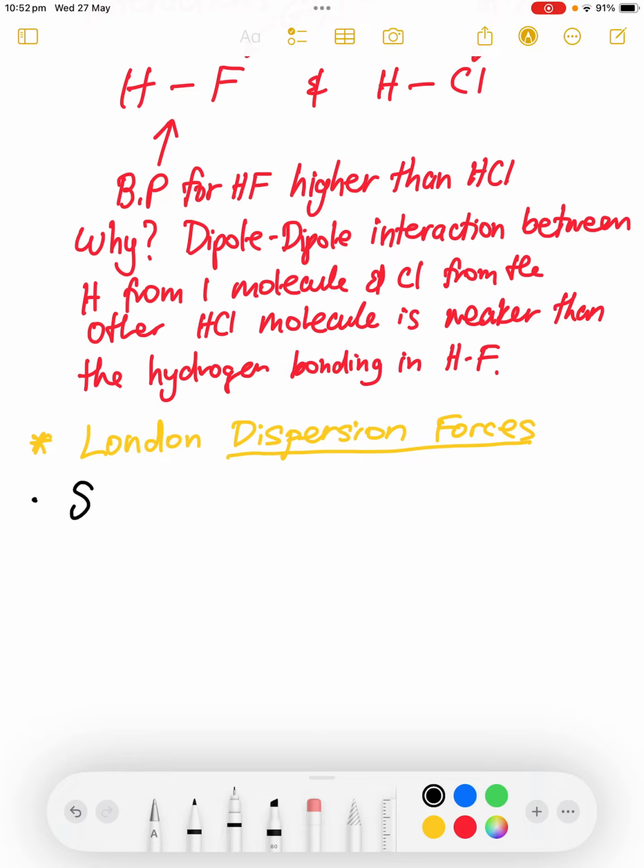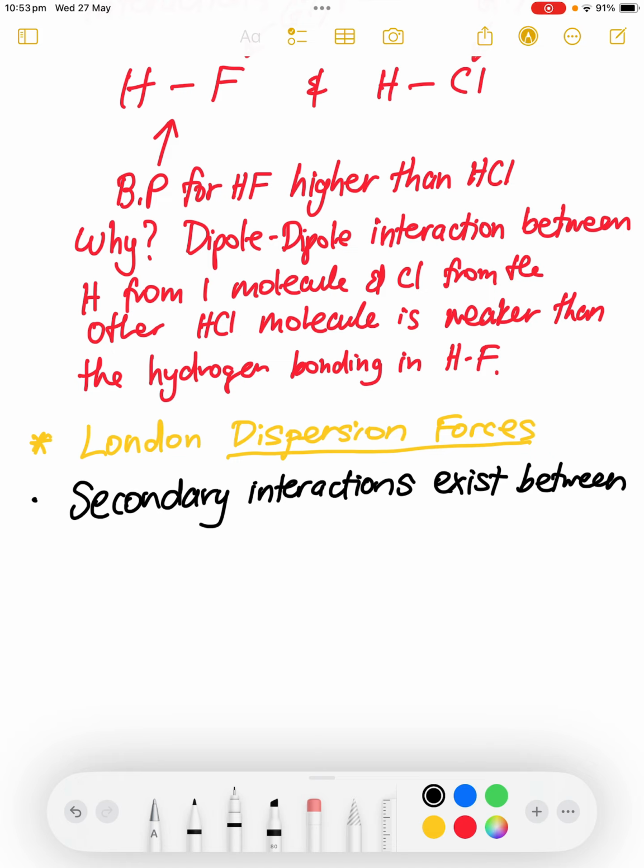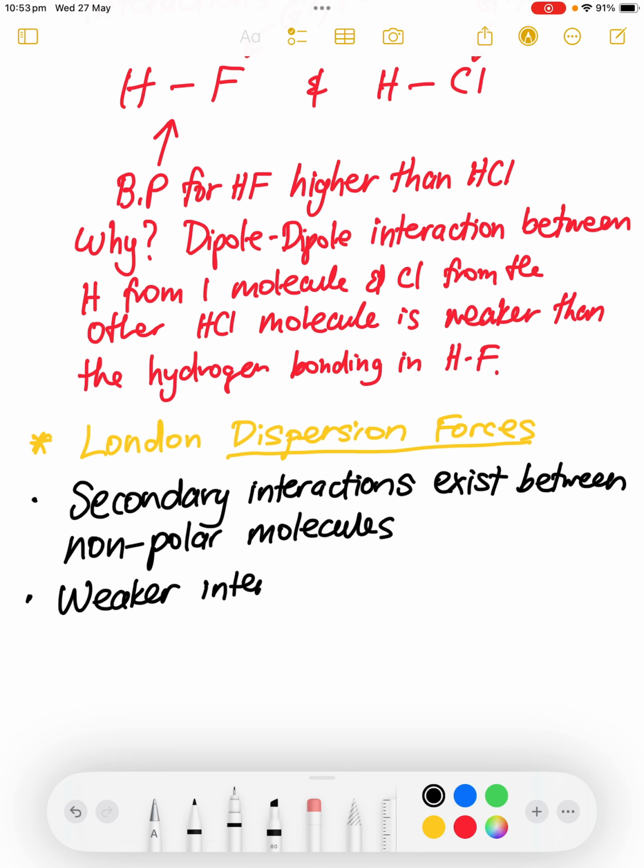So the secondary interactions or the secondary bonding exist between non-polar molecules. And as I said earlier, it is a weaker interaction as well.